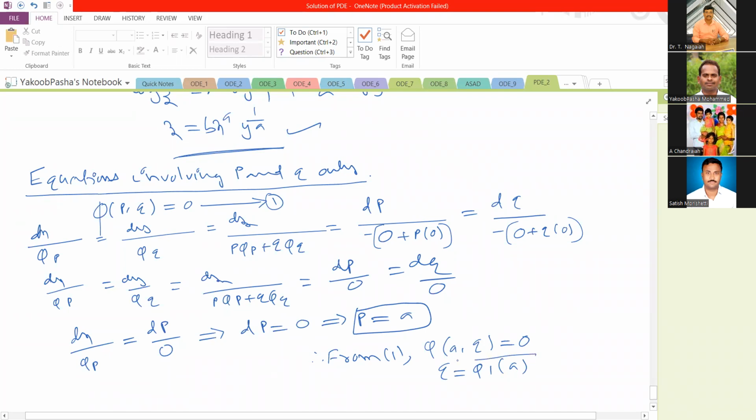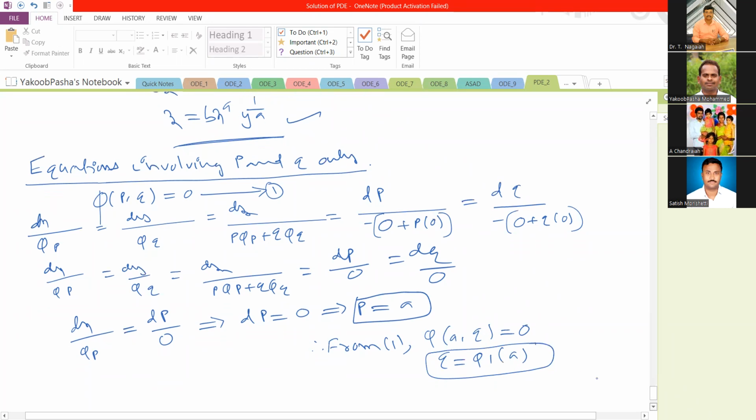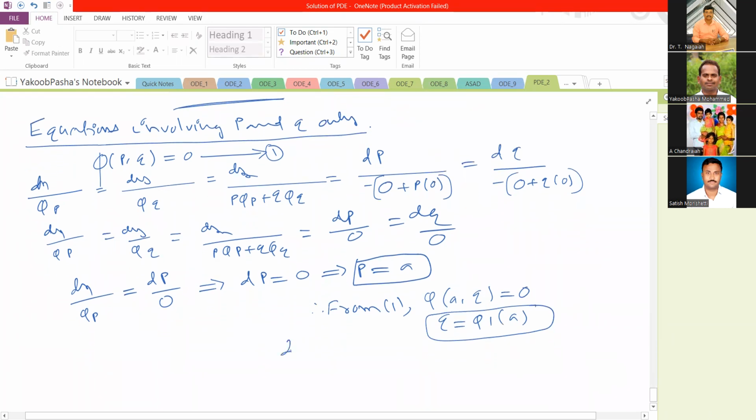Here p is equal to a, and substitute in dz is equal to pdx plus qdy. After integration we will get the general solution. Therefore dz is equal to p value a, q value some function pi 1 of a into dy. This is the solution. After integration we get the solution.